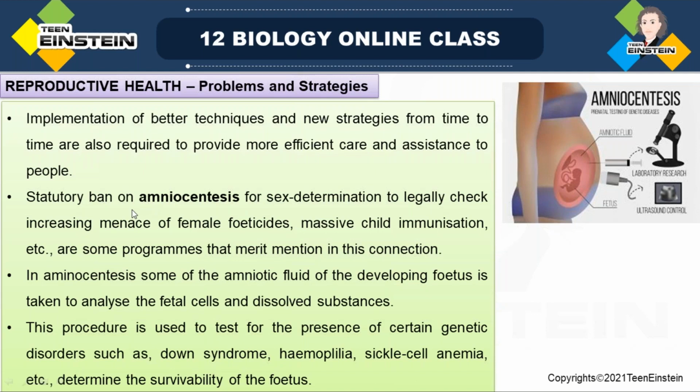That is also required to provide more efficient care and assistance to people. So we can implement newly invented programs to this so that they will get more efficient care and assistance.